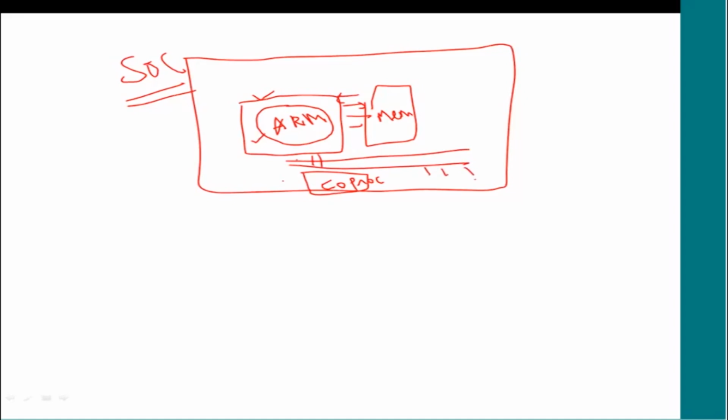Our interest is, suppose we want to expand the functionality of the ARM core beyond what it supports. ARM supports 2's complement integers, both signed and unsigned. Now what if the application for the ARM SoC is a scientific application where you will be using floating point operations?